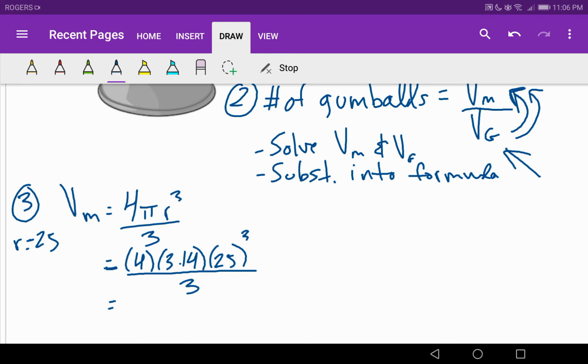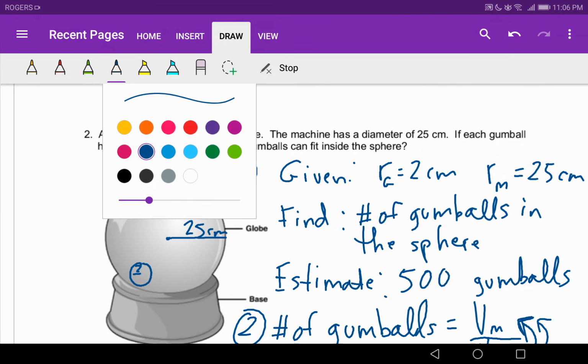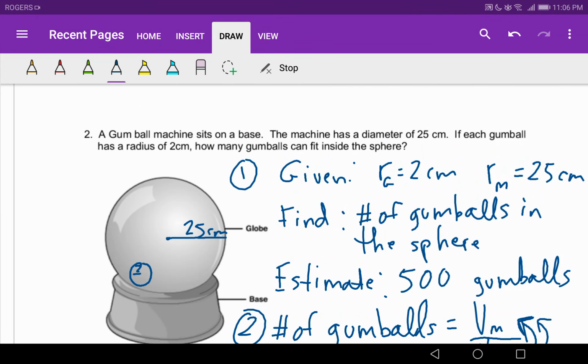Ooh, one second. Just realized something. Be careful here. Let's read the question slowly again. They didn't give me the radius. They actually gave me the diameter. So all of this is 25. All right, my bad here. So the radius is not 25.